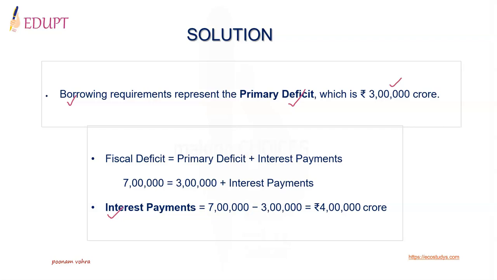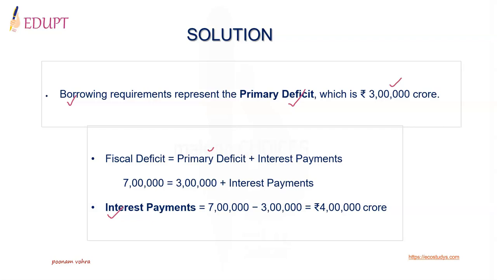Last one is to find interest payments. It is easy to find interest payments if you are aware of finding primary deficit. Primary deficit is actually fiscal deficit minus interest payment. Now we are aware of fiscal deficit, we are aware of primary deficit, so we can find interest payment easily.